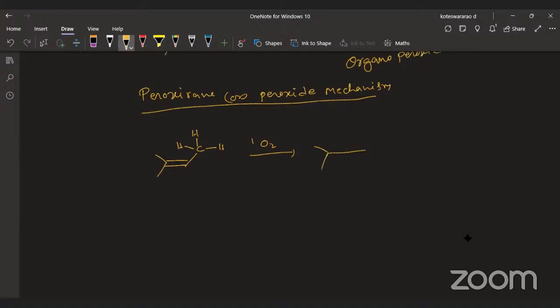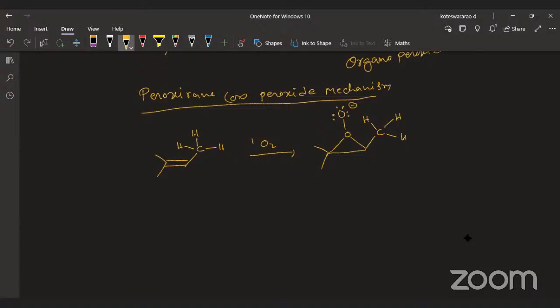That leads to the formation of this peroxide-like structure. In that structure there is a negative charge, right?